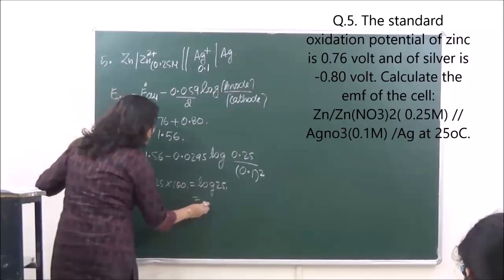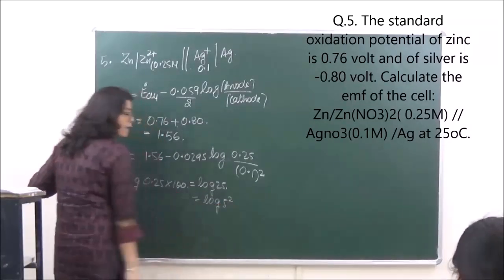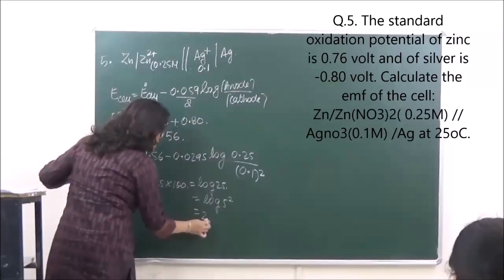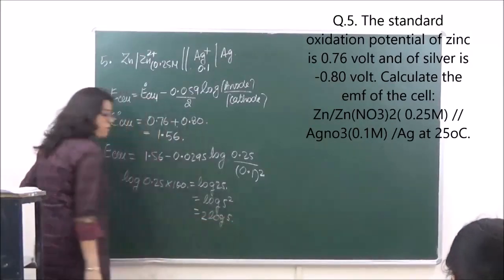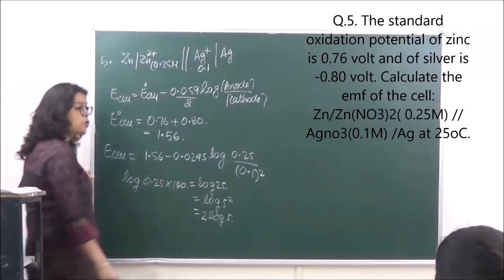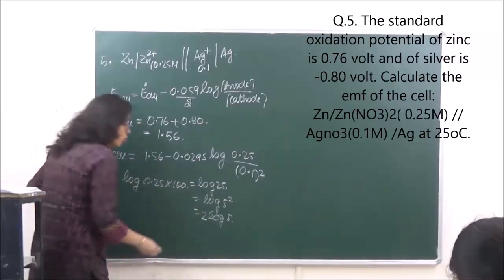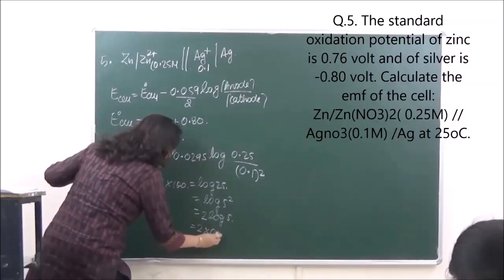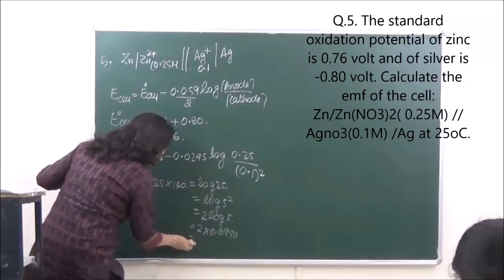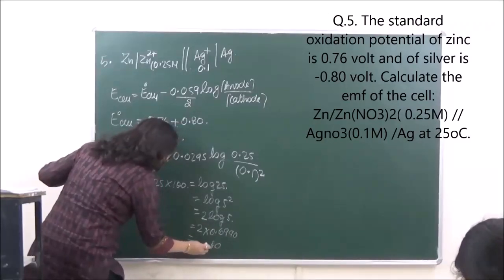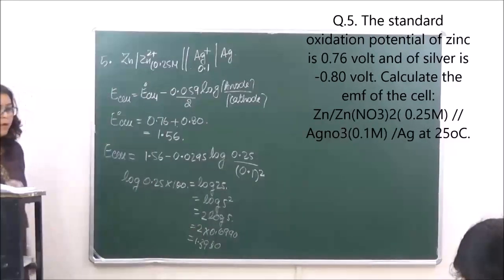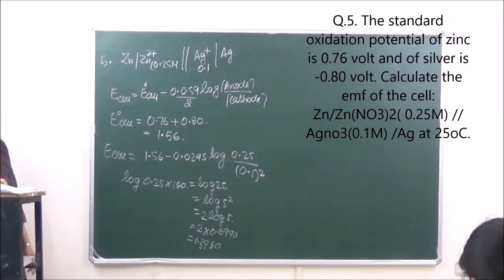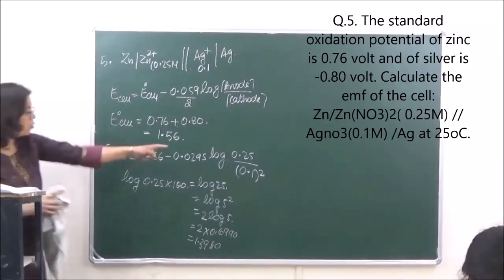Log of 25 can be written as log of 5 squared, or 2 log 5. Okay? The value of log of 5 is 0.6990. So this is 2 into 0.6990, which becomes 1.3980. Okay? So the value of log is coming as 1.3980.